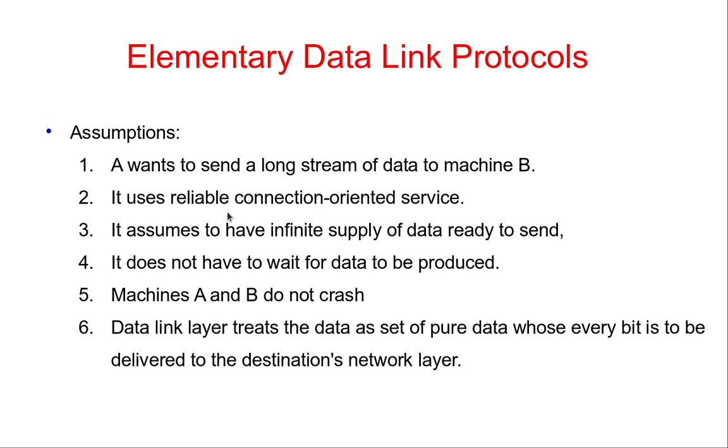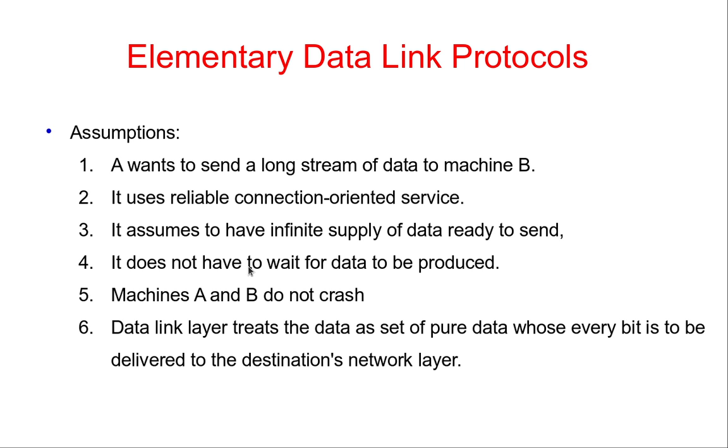It uses a reliable connection oriented service. That means that there will not be any connection problems afterwards. Once the connection has been established, there may not be any errors. That communication will be reliable. It assumes an infinite supply of data which is already available, ready to send.